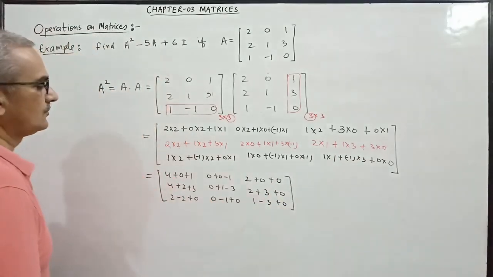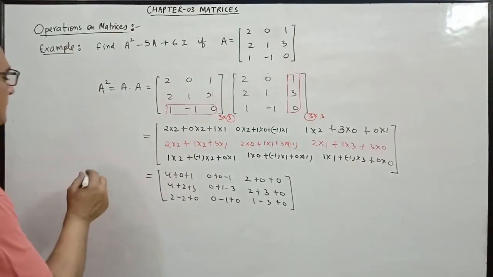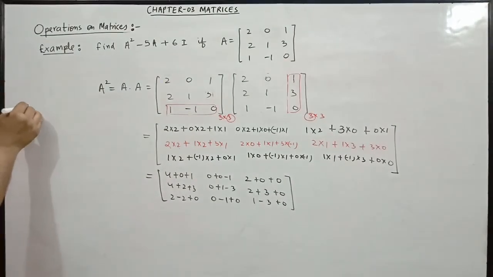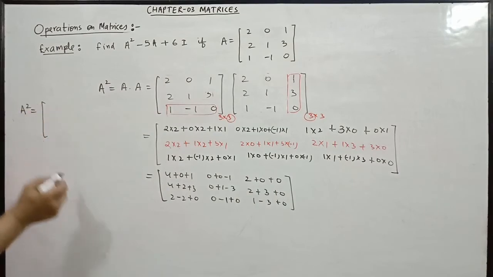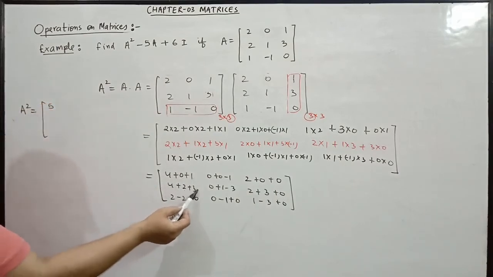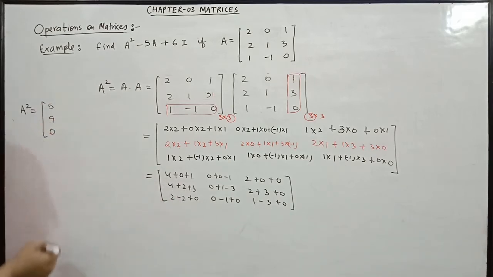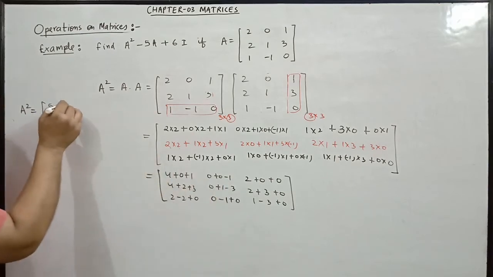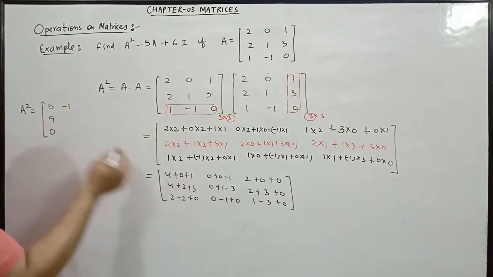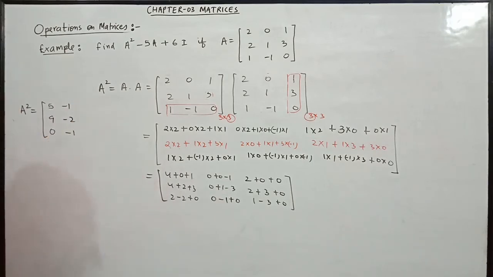Okay, so what's the value of A square now? The value of A square is coming here, so I am writing it here. A square is equal to 4 plus 1 is 5, then 4 plus 2 is 6 plus 3 is 9, 2 minus 2 will cancel, you will get 0. Here we have minus 1, this is 1 minus 3 is minus 2, 0 minus 1 plus 0 is minus 1.